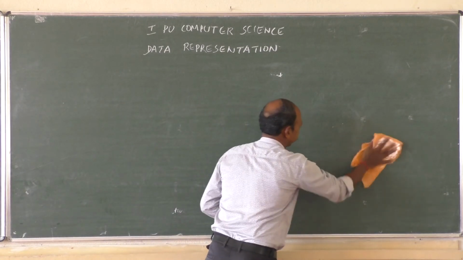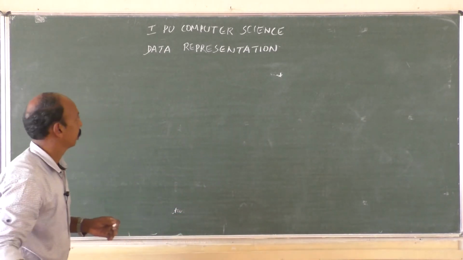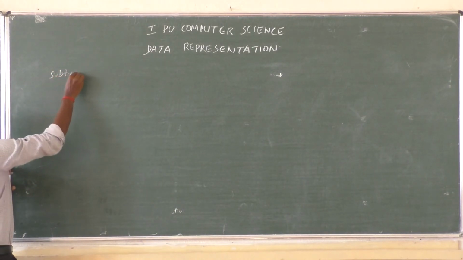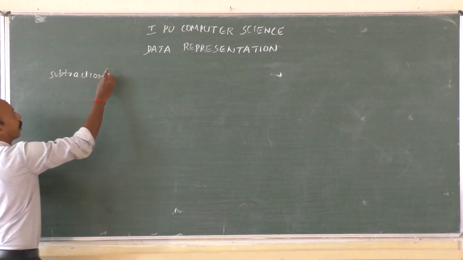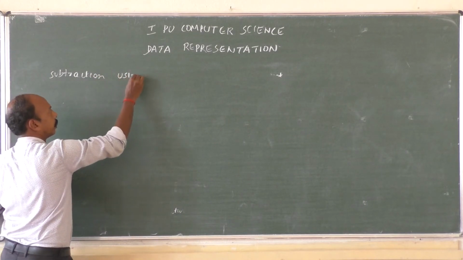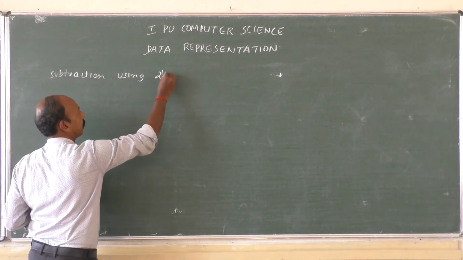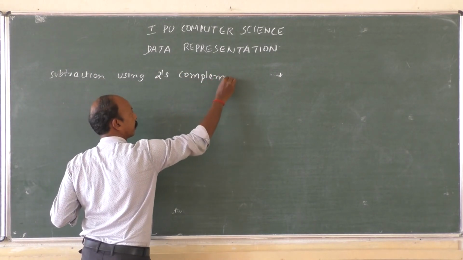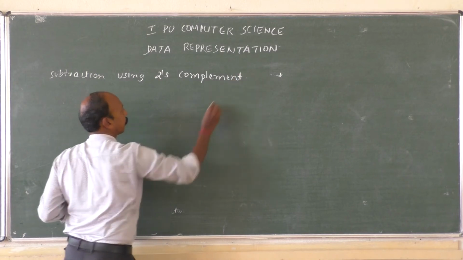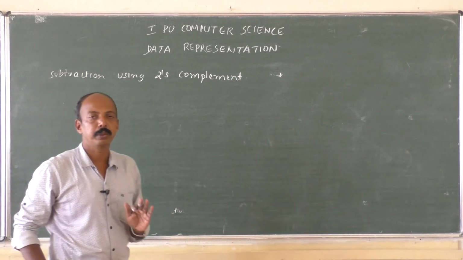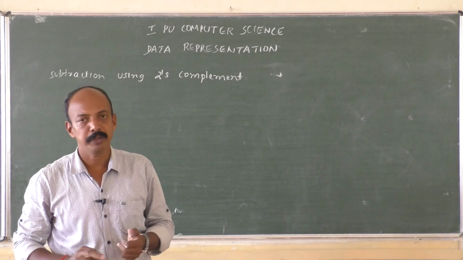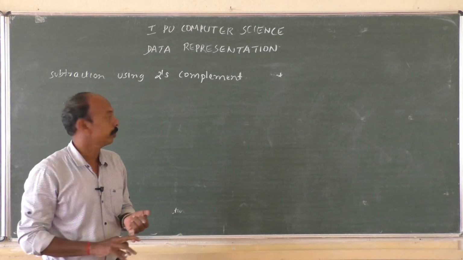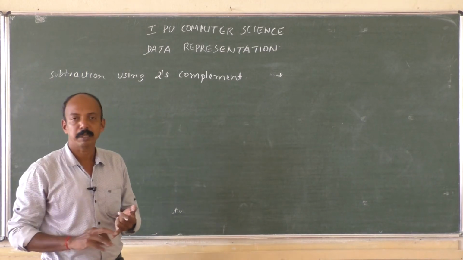Moving to the next concept, subtraction using 2's complement. Here also we have two cases: subtracting a smaller number from the larger number and subtracting a larger number from the smaller number. Today we shall see how to subtract a smaller number from the larger number.